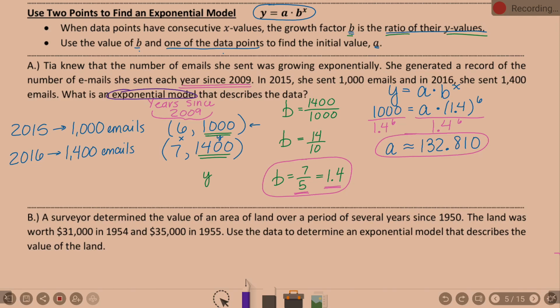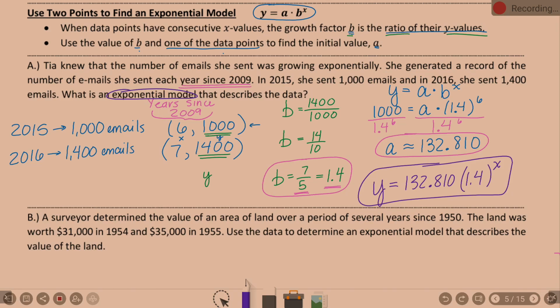So our directions are to write the y equals A times B to the X. So we're going to fill in A and B. We're going to say y equals A, which is 132.810, times B, which is 1.4 raised to the X. And that's the final answer you'd be looking at. Okay? You have to fill in the A and the B. Watch your rounding directions.